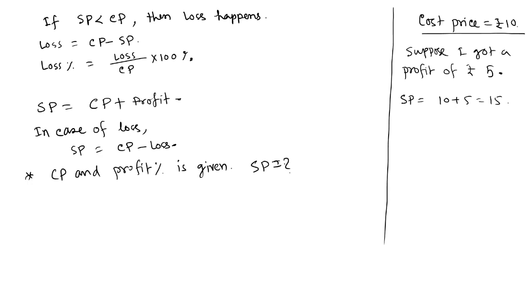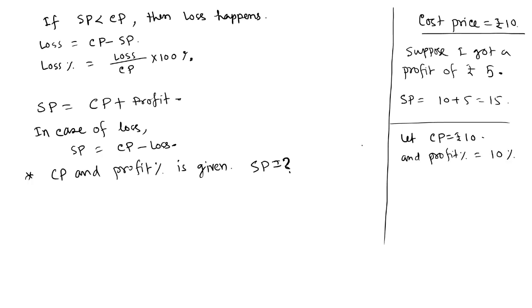Let us consider this situation. Take the example. Let CP equal 10 rupees and profit percent equal 10%.